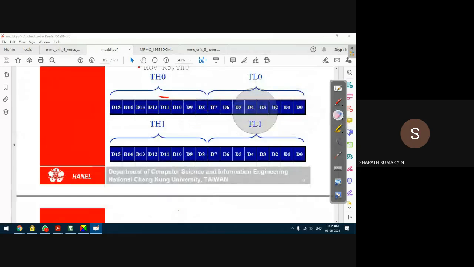Each timer is a 16-bit register. Let's say, for example, I don't require all 16 bits of a timer. Let's say I want only 8 bits. It's not necessary to use all 16 bits. In that case, we can go for other modes, where we have flexibility in using the timers.